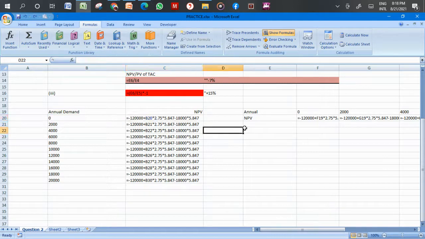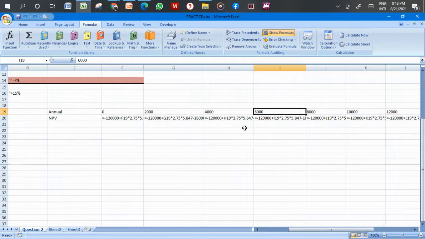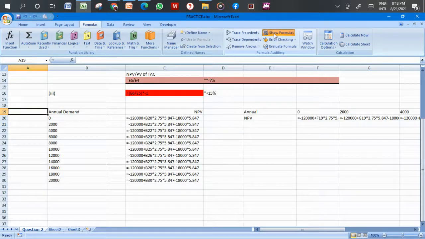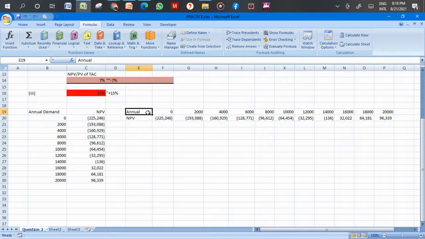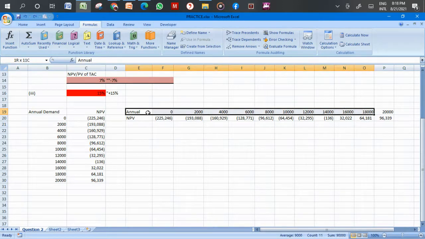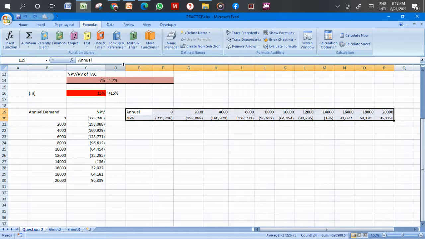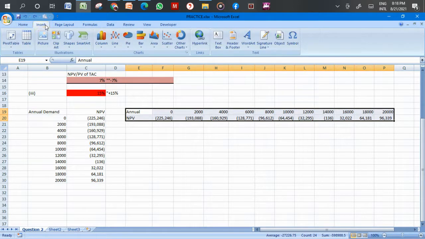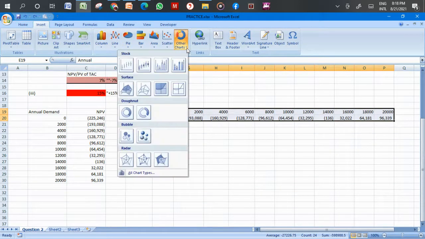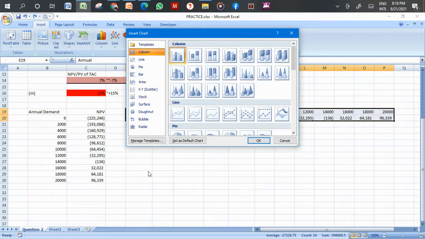It's because when I was using my other computer, it was giving me the option to insert the graph, but this old computer has old Microsoft Excel 2007, so it's not giving me the option. Let me see the best thing to do. Let's say other charts.